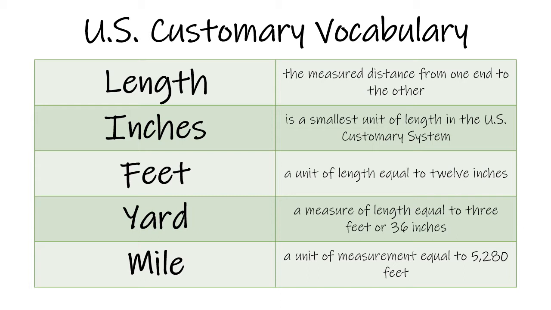But there's another fact I want you to know. A mile is also equal to 1,760 yards. So 2 things about a mile I want you to remember: 5,280 feet and also 1,760 yards is equal to a mile.